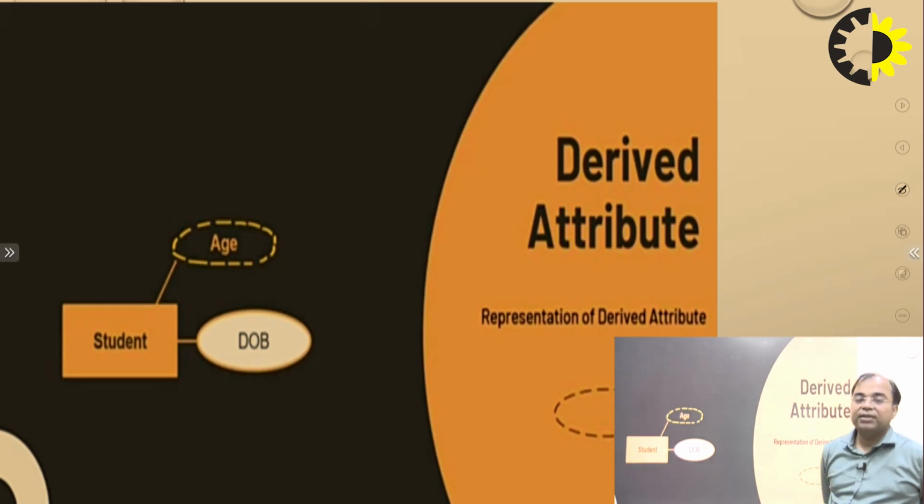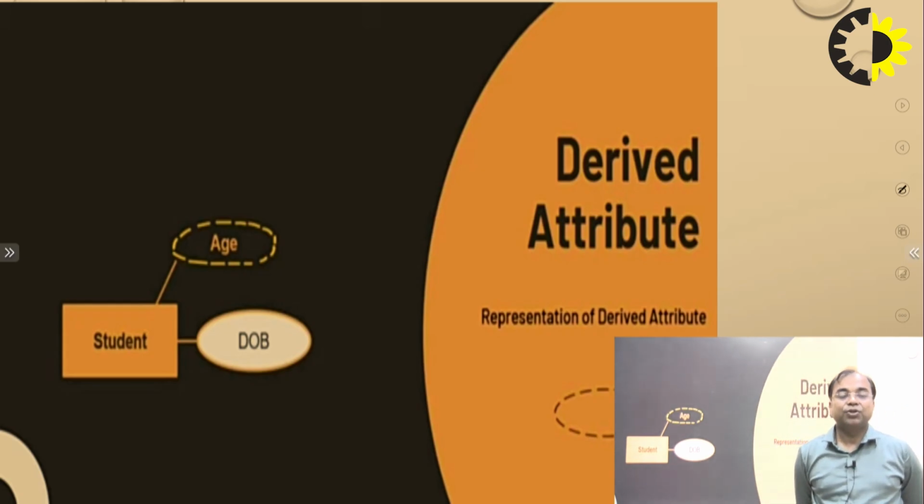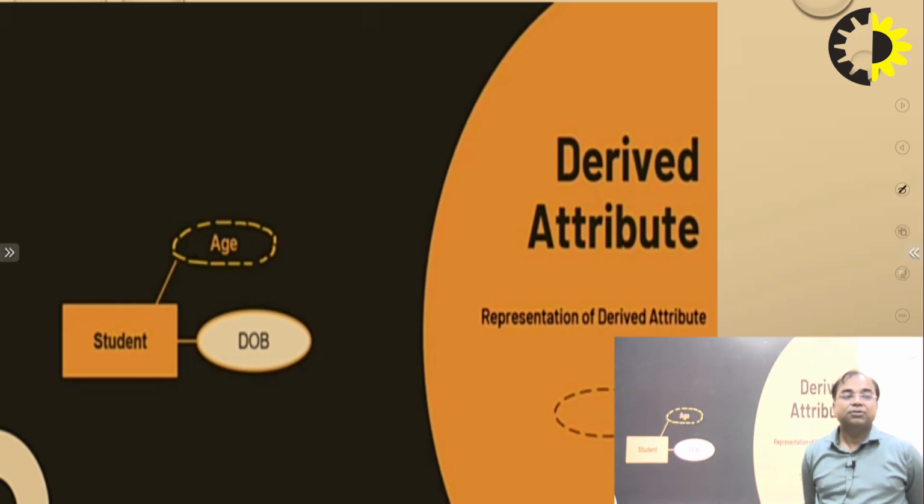If any attribute is shown in your ER diagram with a dotted oval, then it is called derived. It must depend on some other attributes for its values. Clear? So age depends on date of birth for finding its value. We just subtract the date of birth from today's date, so we can find the age for today, with the help of this other attribute, that is date of birth.